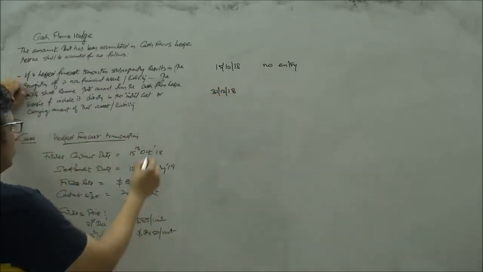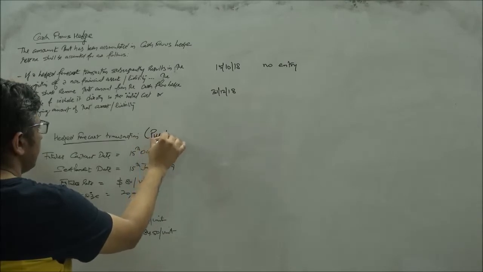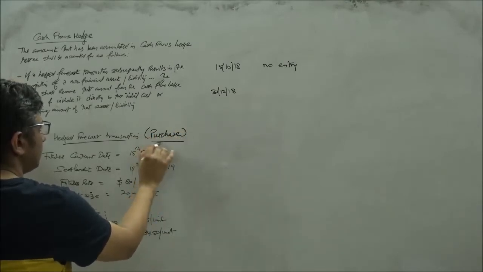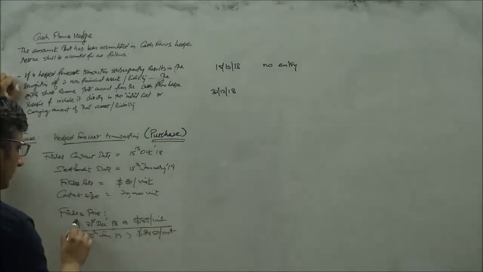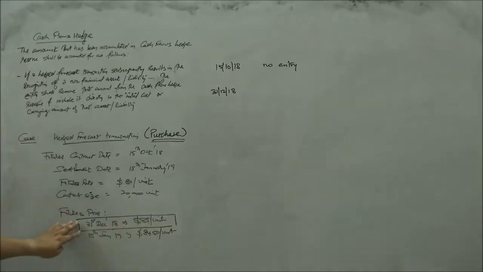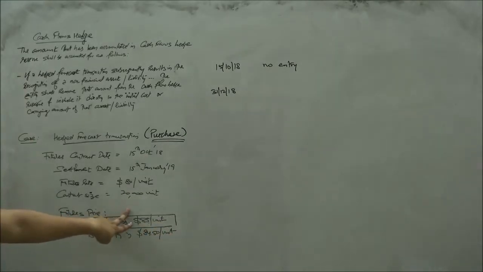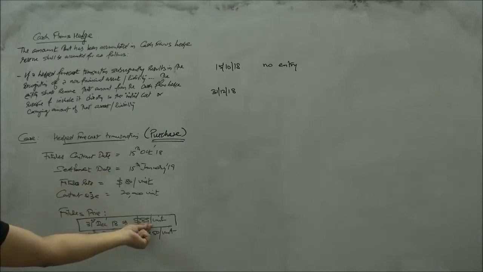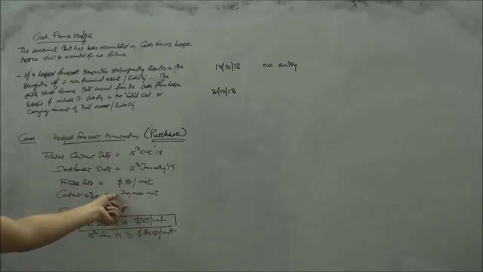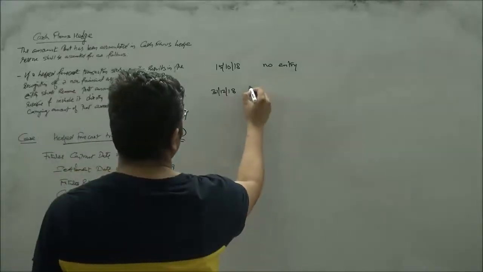But when I come to 31st of December 18, assume this is a purchase and I'm exposed to the purchase price. It might increase, so I fixed it at $80 per unit, and essentially my fear came true: on 31st of December 18, the contract could have only been entered at $85 per unit. That means this futures results in a $5 gain per unit. So what do I do? I create the futures asset.